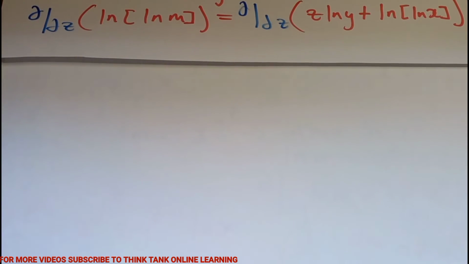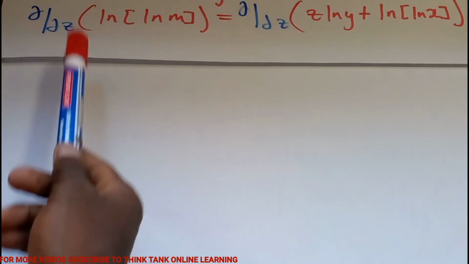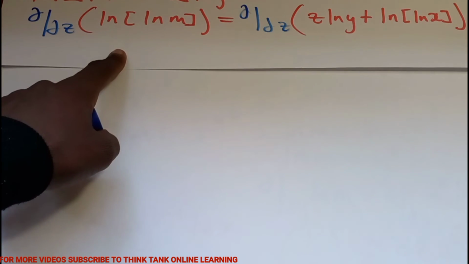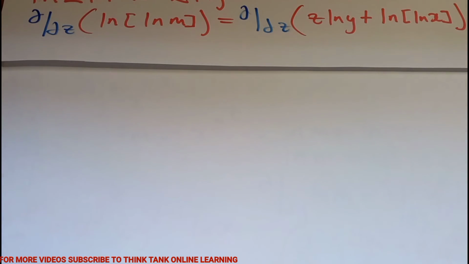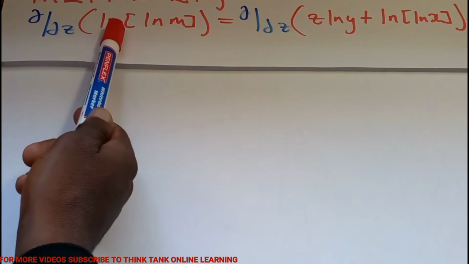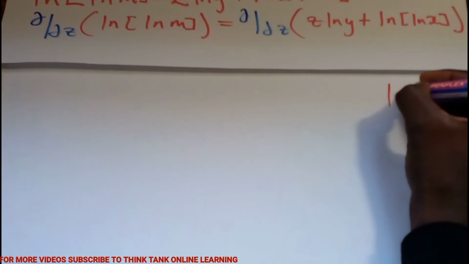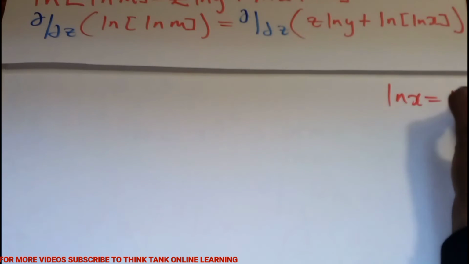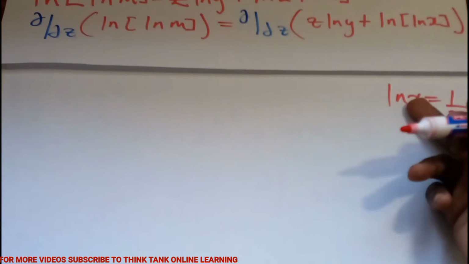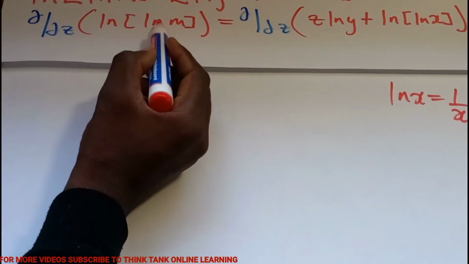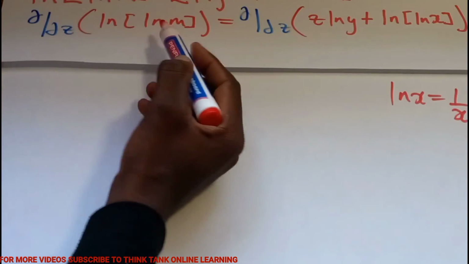Here is where you need to be very careful when differentiating this part. It's implicit differentiation. We have the natural log of ln m. If I want to differentiate ln x, it's just 1 over x, the derivative of x over the original function. In this case, ln m is x.